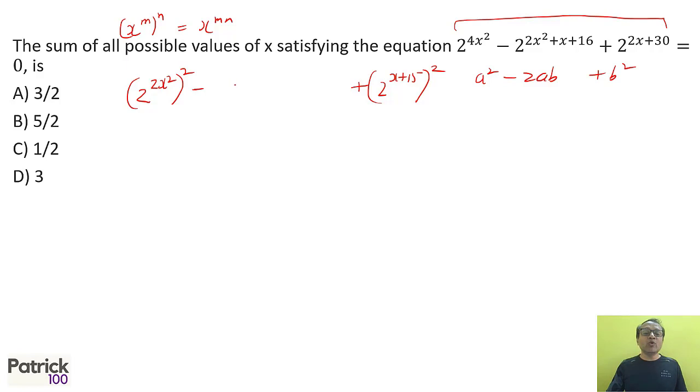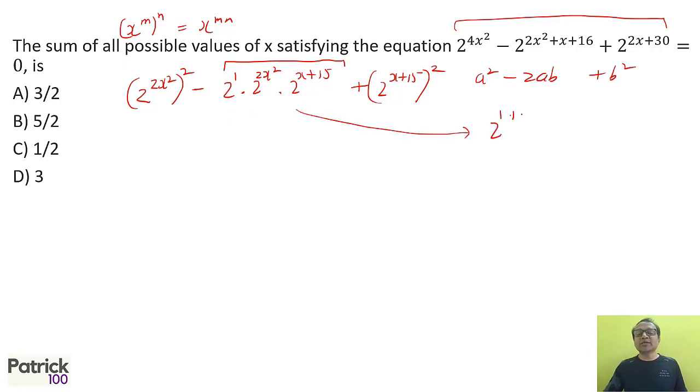Satisfies. So the middle term will be 2ab, 2 into 2 raised to 2x square into 2 raised to x plus 15. If I look at the addition of this, I'm rewriting this: this is nothing but 2 raised to 1 plus 2x square plus x plus 15, which is nothing but 2 raised to 2x square plus x plus 16, which is what the middle term is, satisfies.